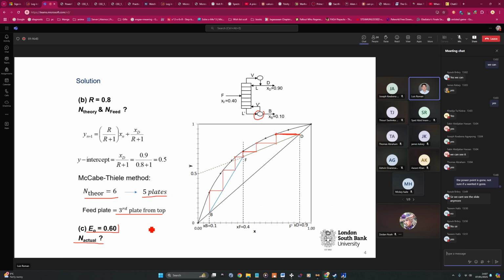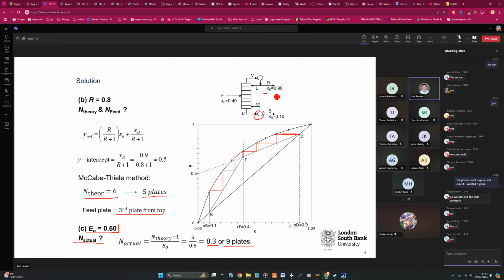So you divide 5 by the efficiency, so 5 plates by the efficiency, you get you need 8.3 plates, but you cannot really construct or install 0.3 of a plate in your distillation column. So you need to build a whole plate. So basically you need to install 9 plates to achieve this separation.